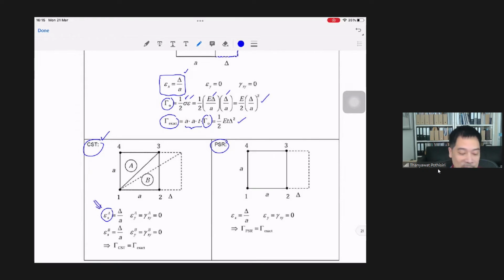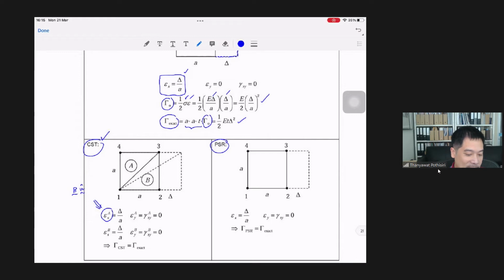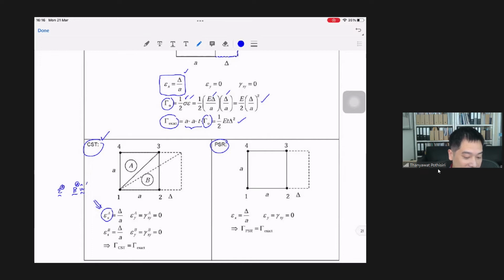Epsilon is computed from B multiplied with u hat, right? Okay. Yeah. So epsilon for element A comes from the B matrix of element A multiplied with U hat of element A, okay?